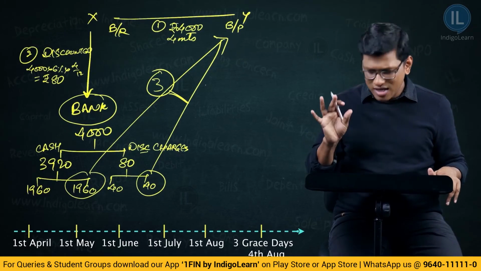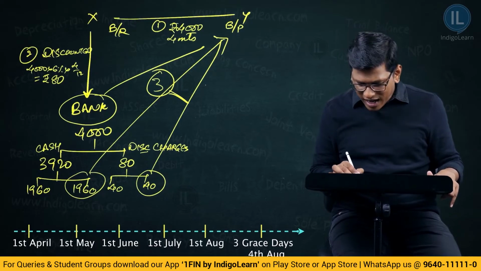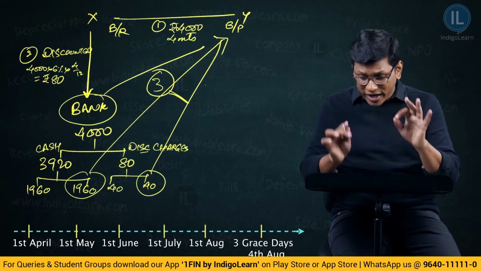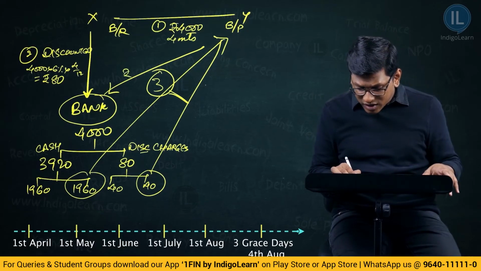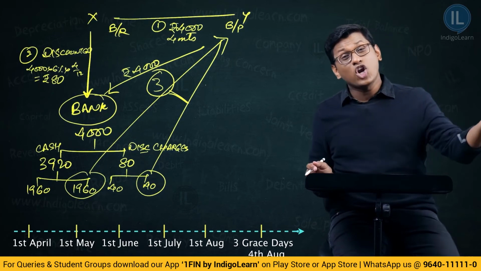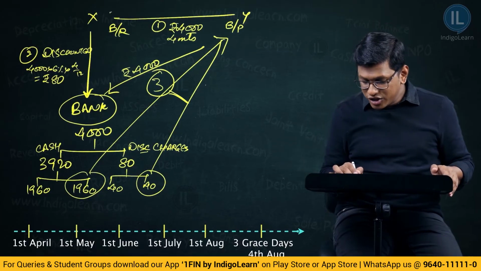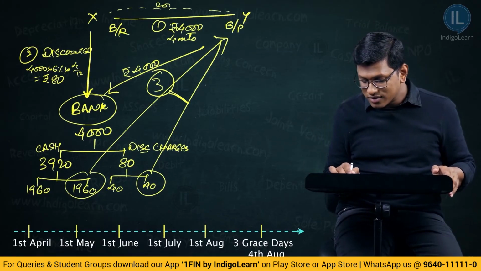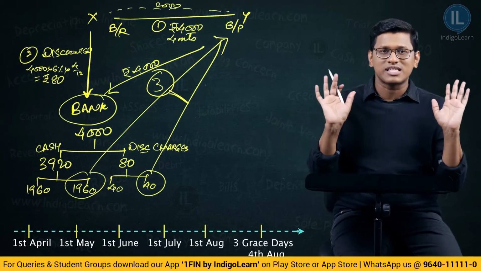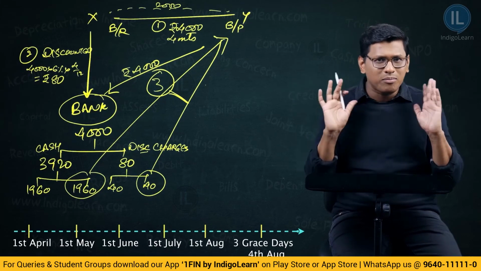On 4th August, bank will go to Y and ask Y, please pay my money. And actually Y should pay to bank 4,000 rupees. But in order to make that payment, Y will ask X, you give 2,000, I will add my 2,000 and I will pay to bank 4,000 rupees. That is what ideally should have happened between X, Y and banker.